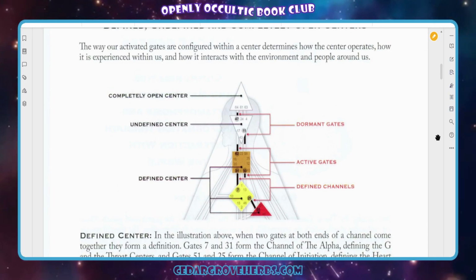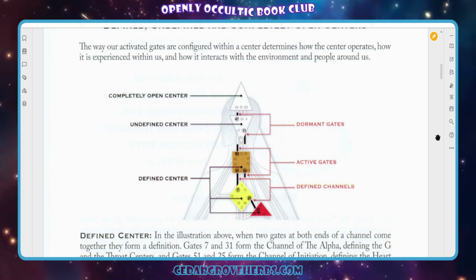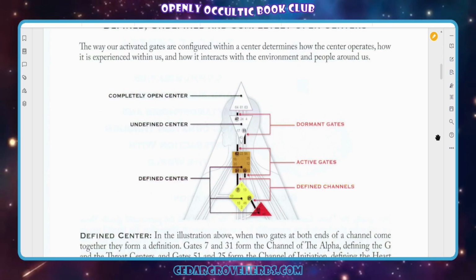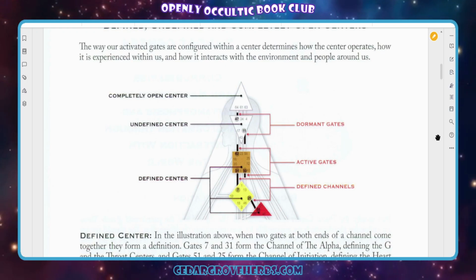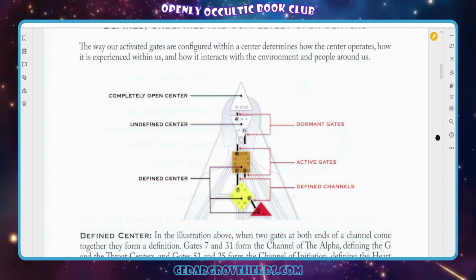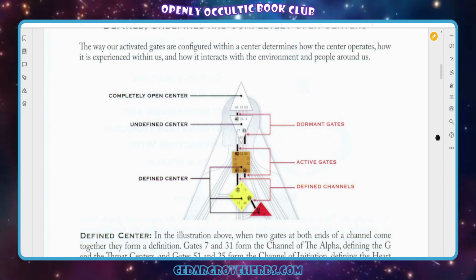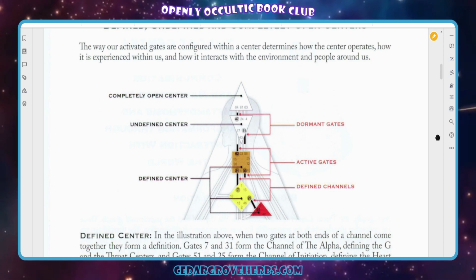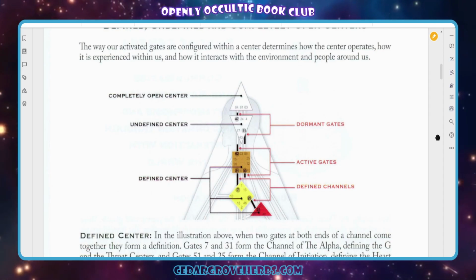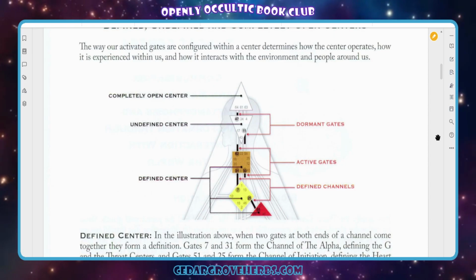So here's an example of what he's saying. At the top is a completely open center. Here we have an undefined center, but it has dormant gates in it. So it's not a completely open center. It's just an undefined center because it does have gates that are defined within it, dormant gates.